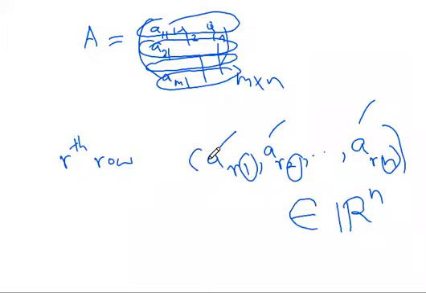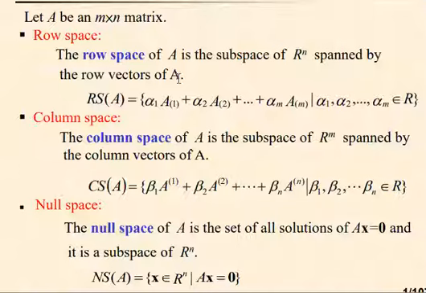If you write a combination of these rows, like this is the first row, this is the second row, this is the mth row, this is the combination of rows of A. This is a linear combination of rows of A.